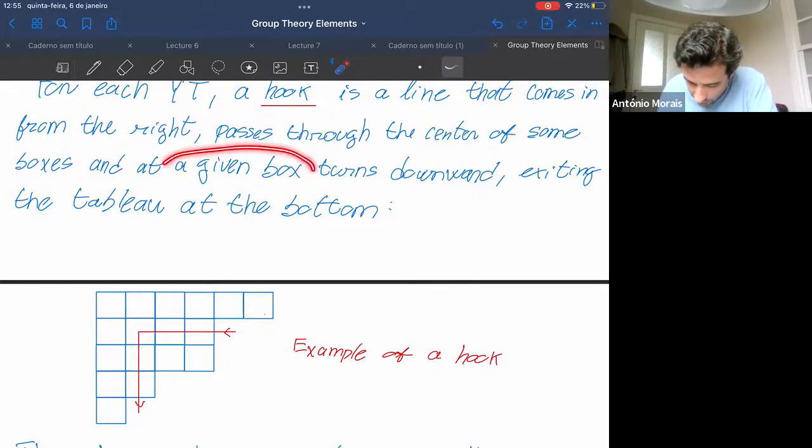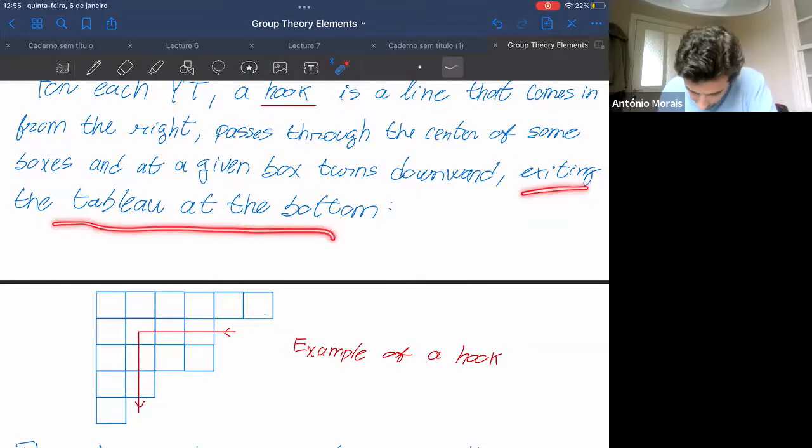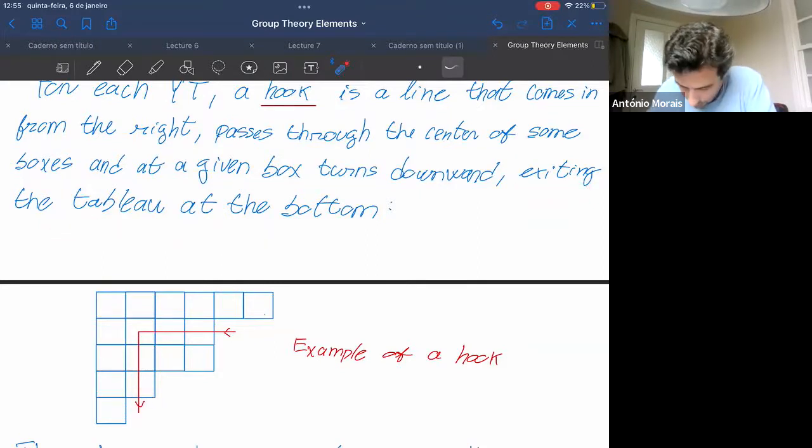And at a given box, in this particular case at this box, it turns downward, exiting the Tableau at the bottom. It enters here, passes through these centers, and exits here. This is a hook.